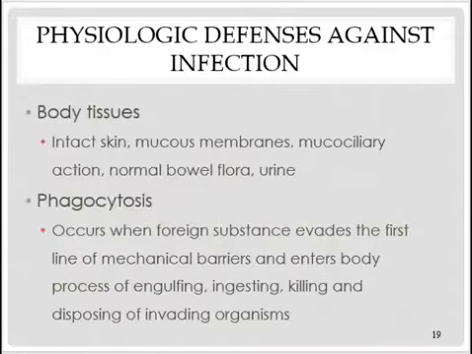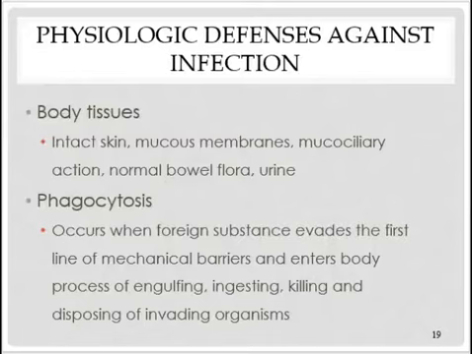Physiologic defenses against infection. Strong and intact host defenses can prevent microbes from entering the body or can destroy a pathogen that has entered. Impaired host defenses may be unable to defend against microbial invasion, allowing entry of organisms that can destroy cells and cause infection.